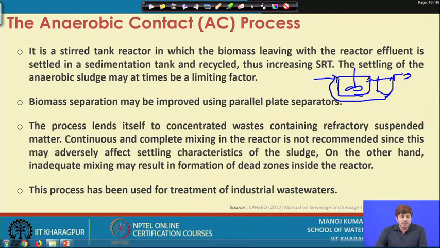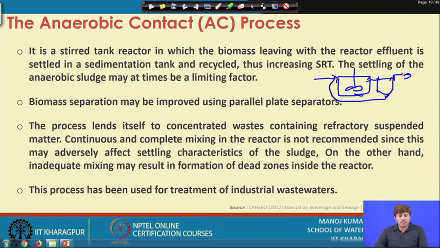The biomass separation may be improved using parallel plate separators. Instead of simple secondary settling, we can go for plate settling using parallel plates, as we discussed during the sedimentation topic. Even that can be used here for enhanced settling of the biomass.